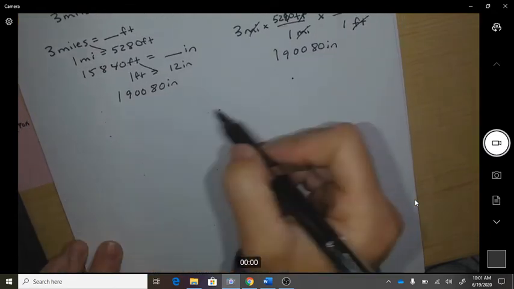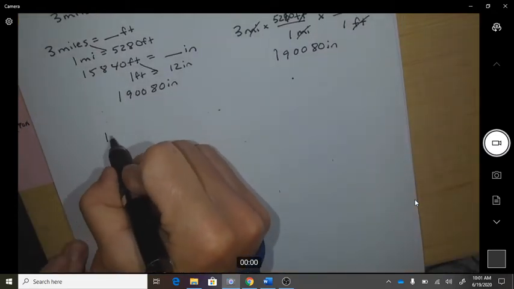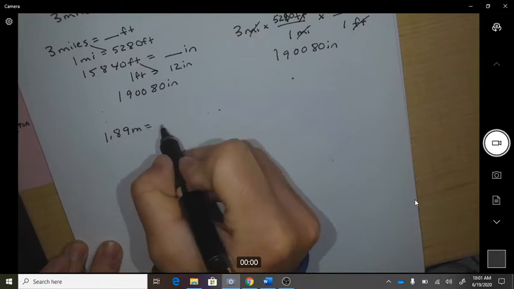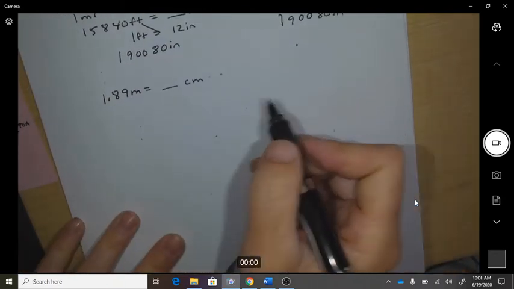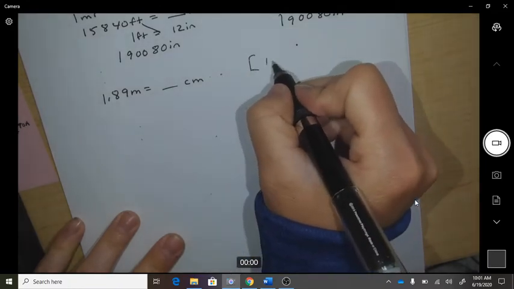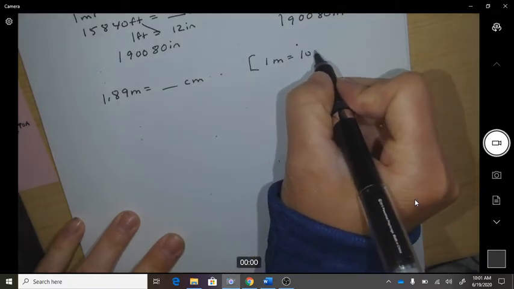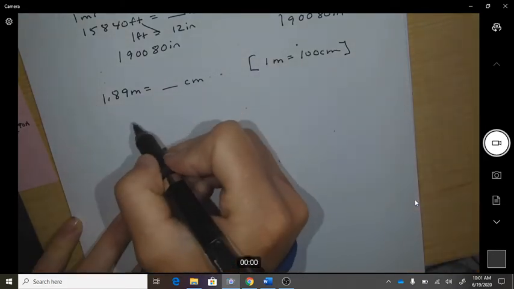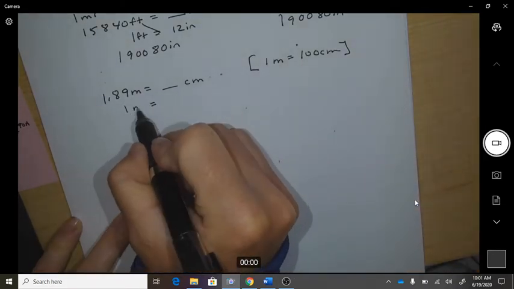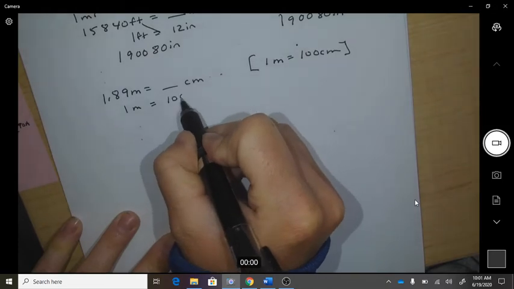Okay, so those are some imperial ones. Now let's do some metric ones. 1.89 meters is how many centimeters? And here would be your conversion. 1 meter is 100 centimeters. That would be on the formula sheet. It's method 1. If you like the cross multiply, you just write meters under there, centimeters under there.